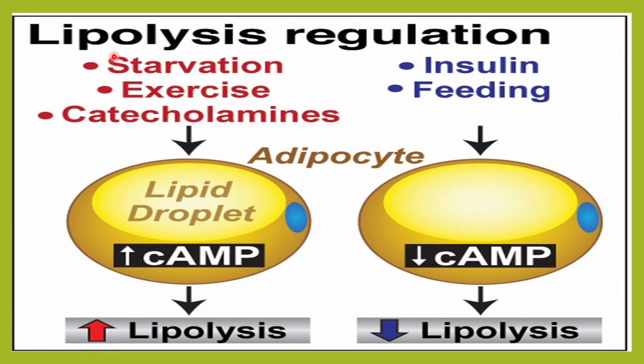Whenever there is starvation, or whenever we are doing exercise, there is increased secretion of catecholamines, etc., which will increase the cyclic AMP, and there is increased lipolysis. Whenever we are feeding enough and more, whenever there is insulin, this insulin will inhibit the lipolysis by reducing the cyclic AMP.